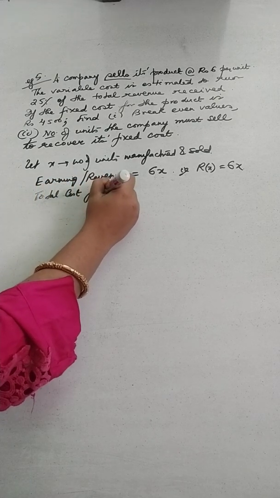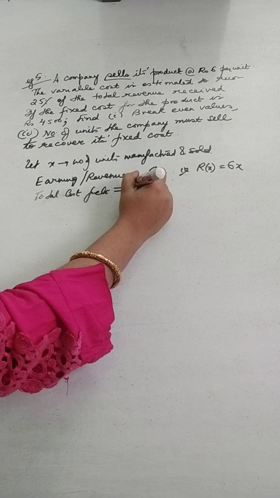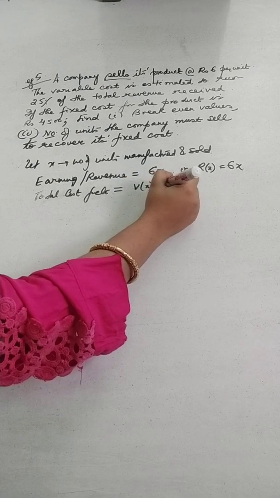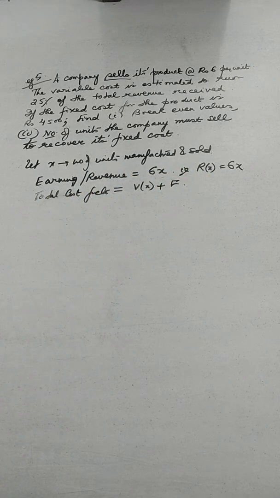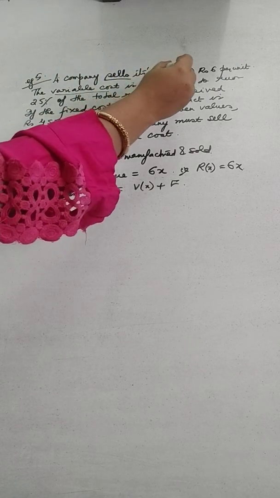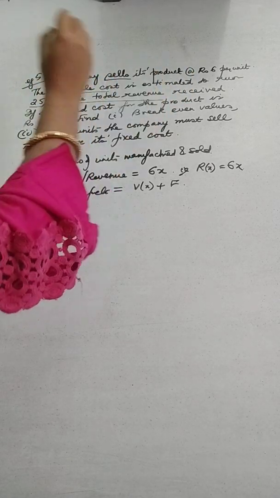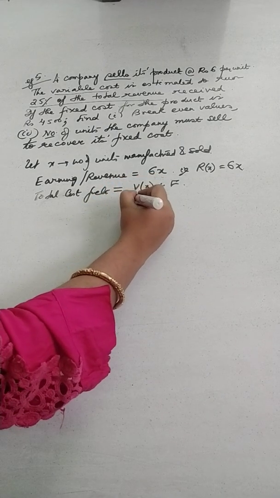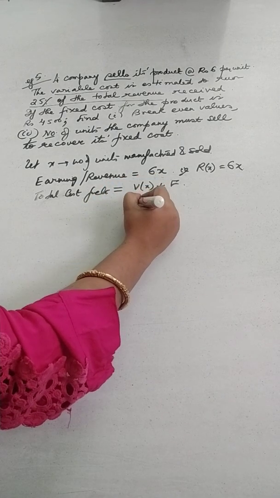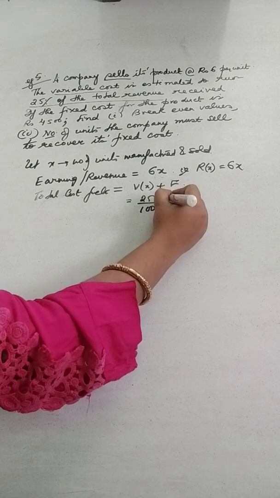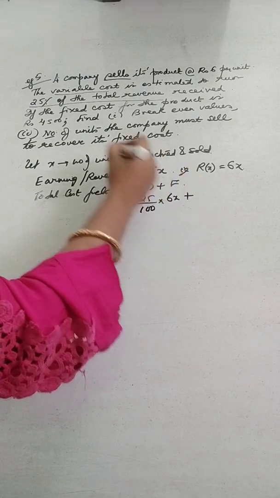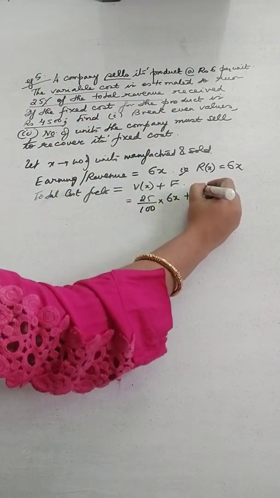Cost function. This is equal to Vx plus F. What is Vx? Variable cost. They are saying variable cost to be 25% of total revenue. That means here it is going to be 25% of the revenue plus fixed cost. Fixed cost is how much? 4500.